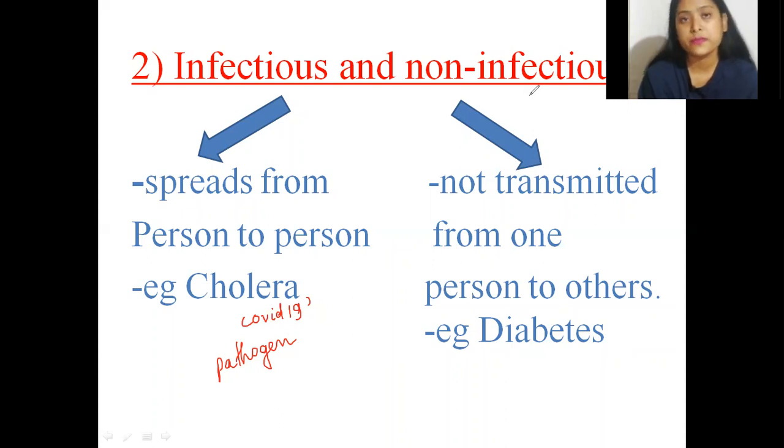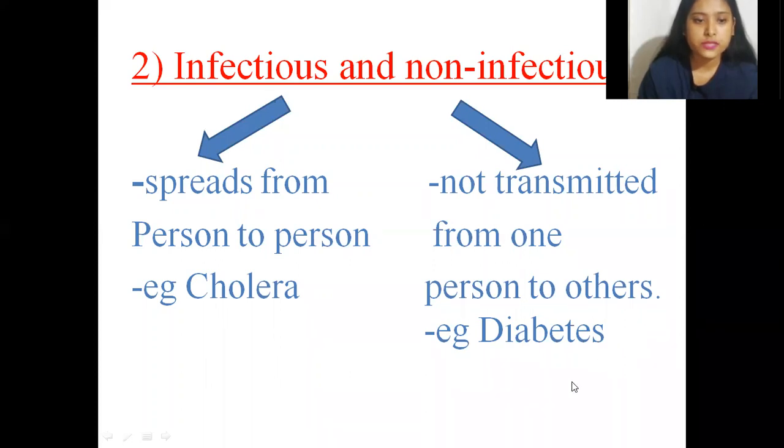First one was on the basis of duration. Second one is either infectious or non-infectious. If it spreads from one person to another through a pathogen, then you can say it is an infectious disease. And if you have a particular disease and that is not spreading, then you can say it is a non-infectious disease.